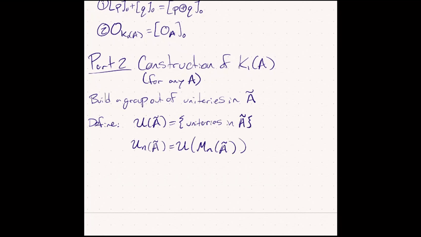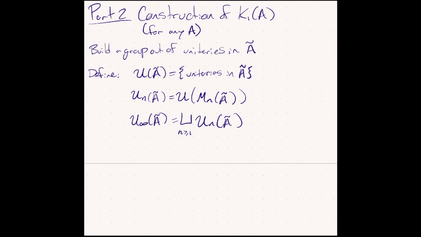And then just like we did with projections, we're going to have a U infinity, which is the union of all of these unitaries over these matrix amplifications. This U infinity is going to play the same role in constructing K1 that P infinity did for constructing K0.